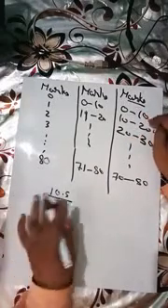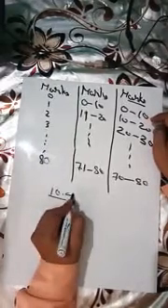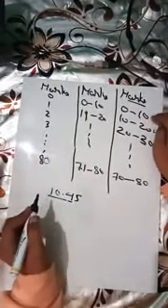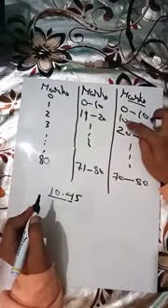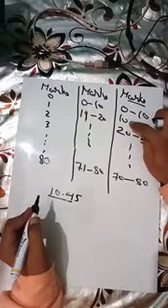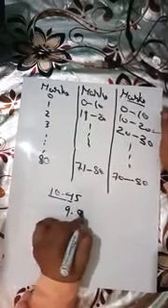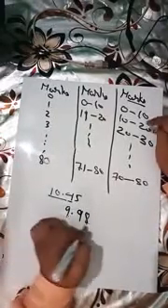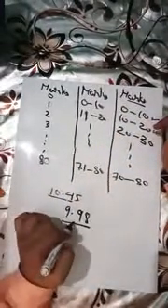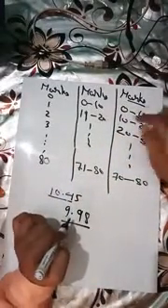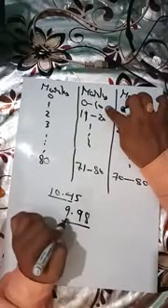If you are taking 10.45, this also will come here. If you are taking 9.98, this mark will come in the first class. But for the discontinuous form, 10.45 is not possible.